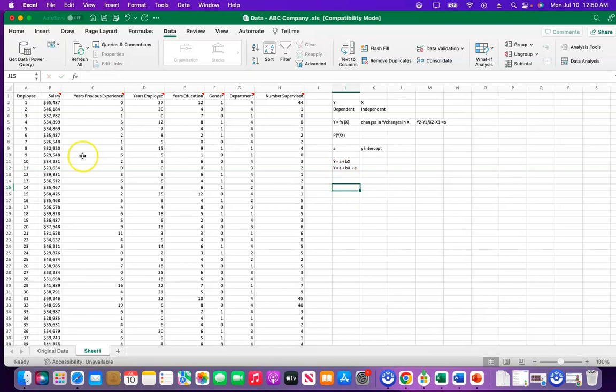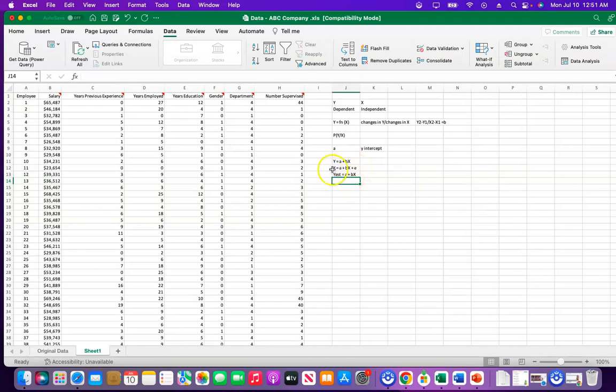For instance, we can estimate any of these salaries depending on these variables. So we can write y estimate equals a plus the slope times x. We won't include the error term because this is what we can estimate of the existing salary, and the remainder will be the error term, or we call it the residual.